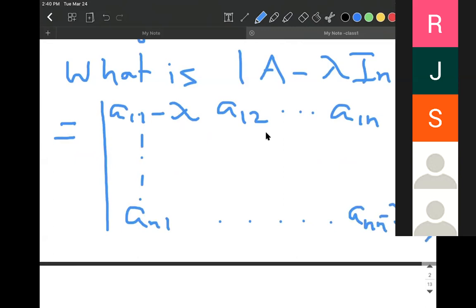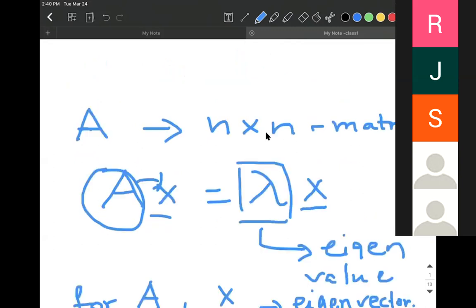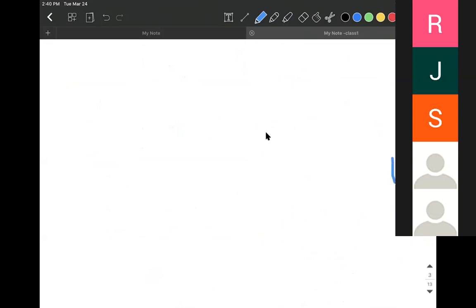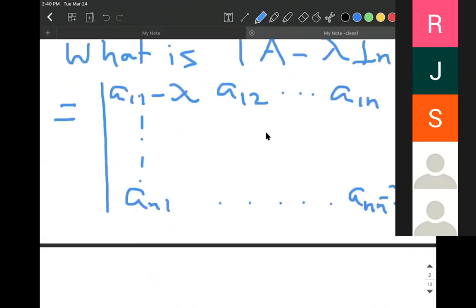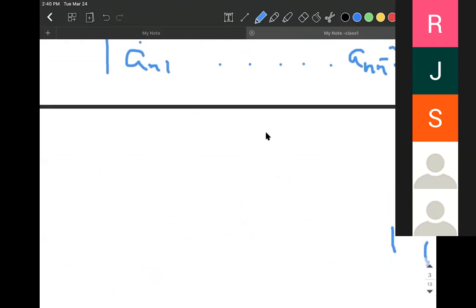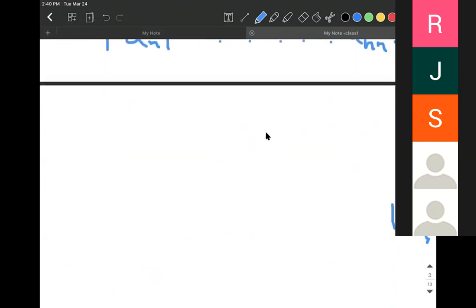Okay, so this is the determinant. It only changes on the diagonals.